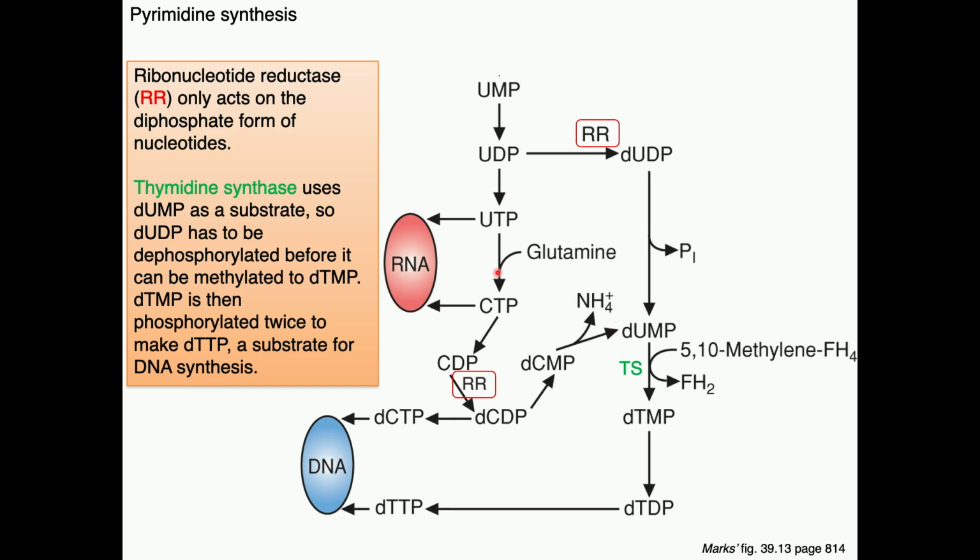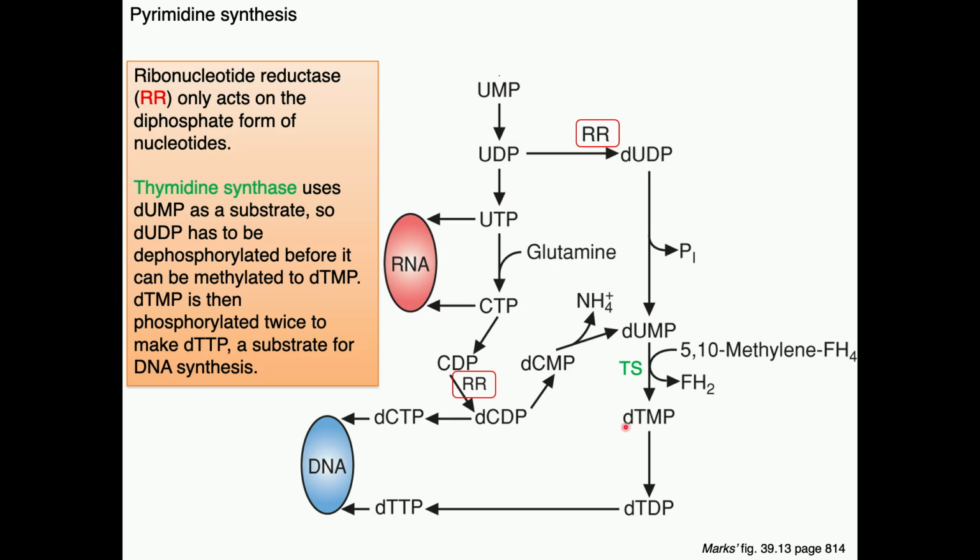Okay, so to make the deoxypyrimidine bases for DNA synthesis, we have to go through a little bit more circuitous route. And that is shown here. So the rationale for that is the thymidine synthase, that enzyme that we've seen a few times, is using deoxyuridine monophosphate as a substrate. Okay, so we know that the ribonucleotide reductase always uses a diphosphate form, right?